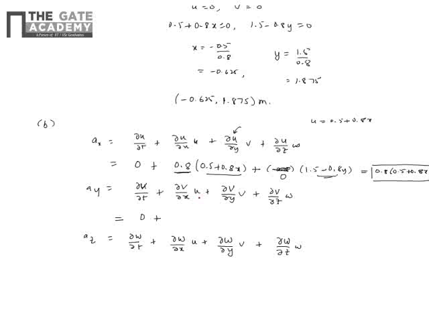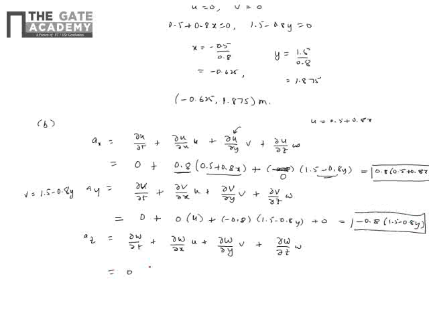Now for ay: v is 1.5 minus 0.8y. You don't have any x derivative, so that term is going to be 0. Dou v by dou y is minus 0.8, v is 1.5 minus 0.8y, and the other terms are all 0. So this comes out to be minus 0.8 times (1.5 minus 0.8y).